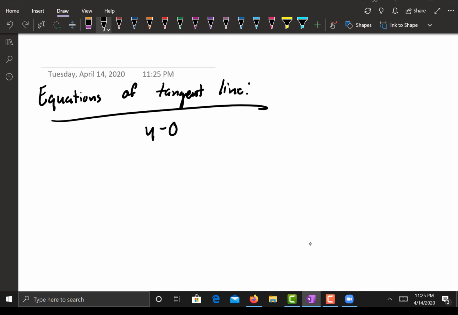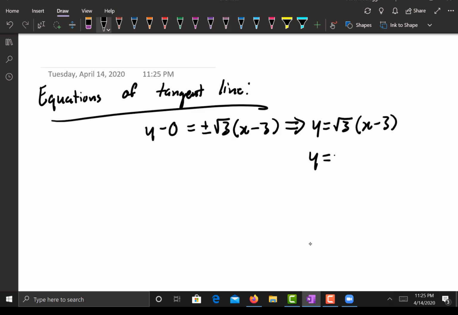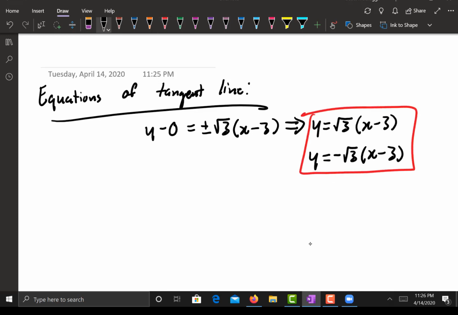Well, point-slope form tells me that my two equations of the tangent line will be y equals positive square root of 3 times x minus 3, and y equals negative square root of 3 times x minus 3. Let's make that 3 a little bit prettier. There we go. And there are my two equations of a tangent line for that.